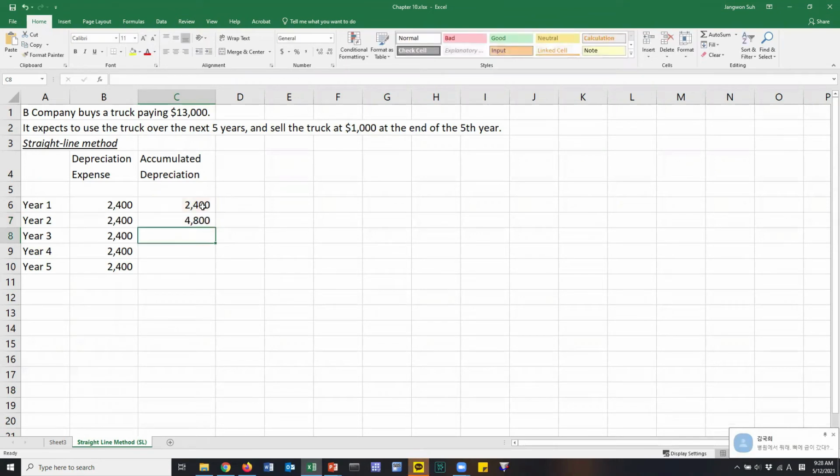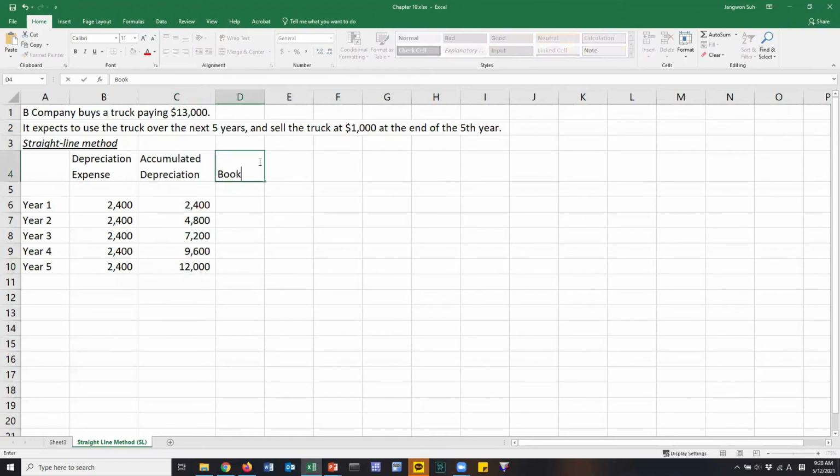You do the same thing over the years, so that at the end of its useful life, the ending balance of the accumulated depreciation is the same as the difference between these two, so that the book value of the asset drops.